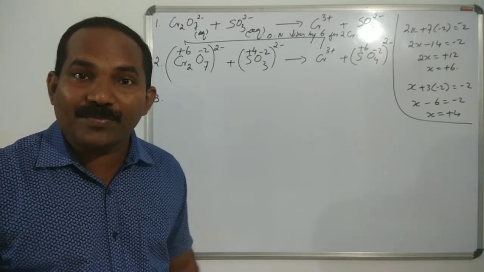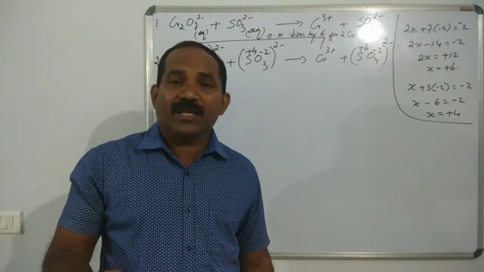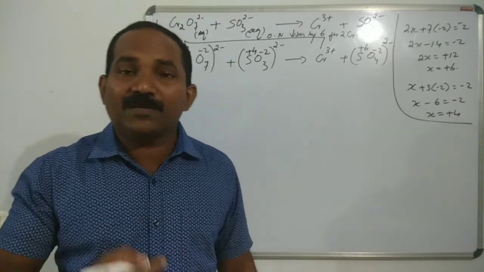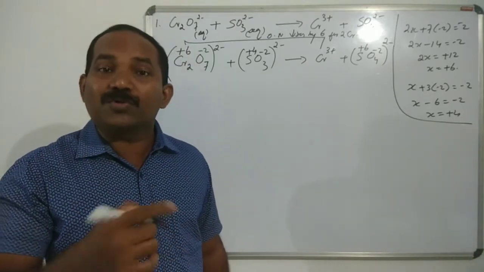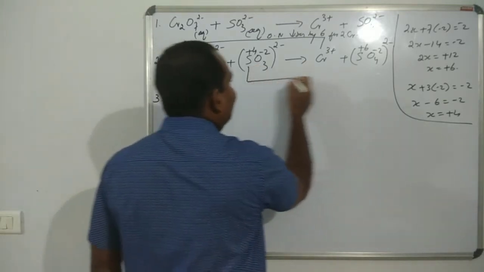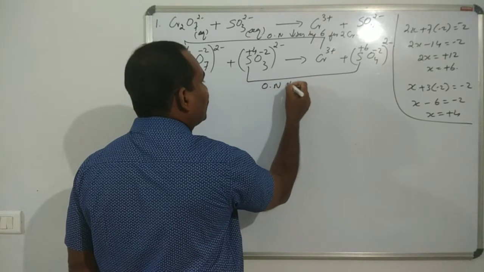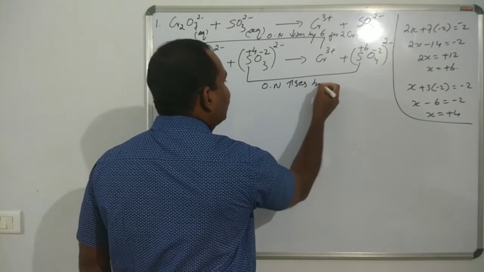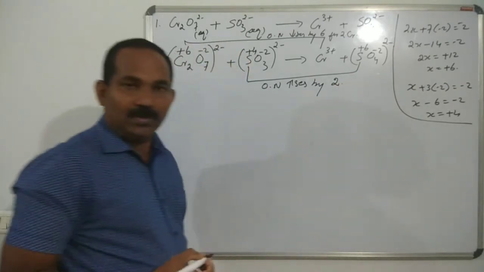For 2 chromium it is 6. Or you can write that oxidation number decreases by 3 for 1 chromium. For that, 2 chromium multiplied with 3 is 6. Then sulfur, the oxidation number increases by 2 units.